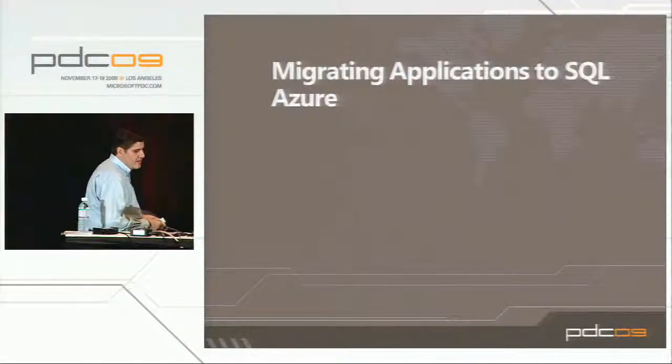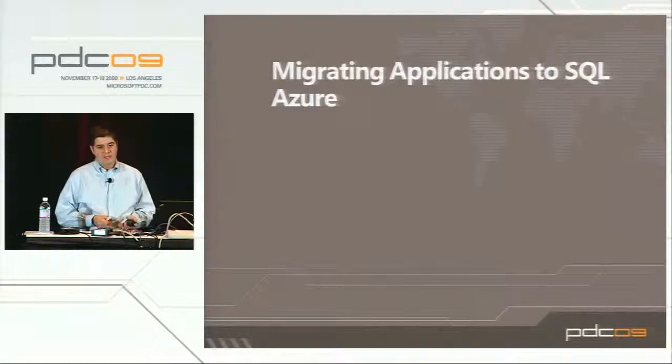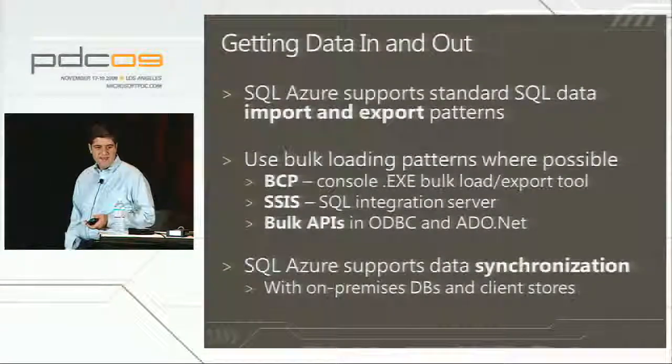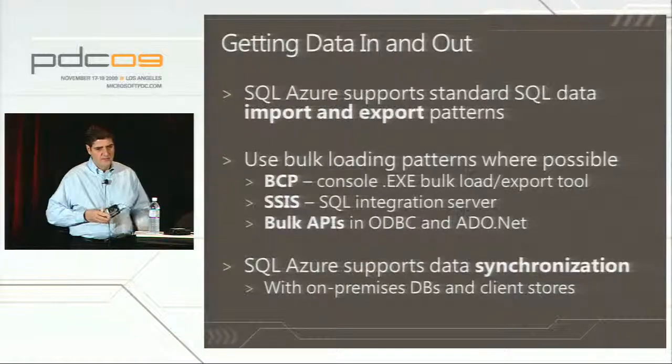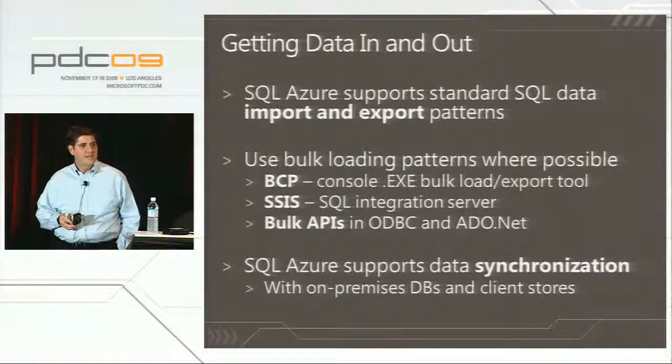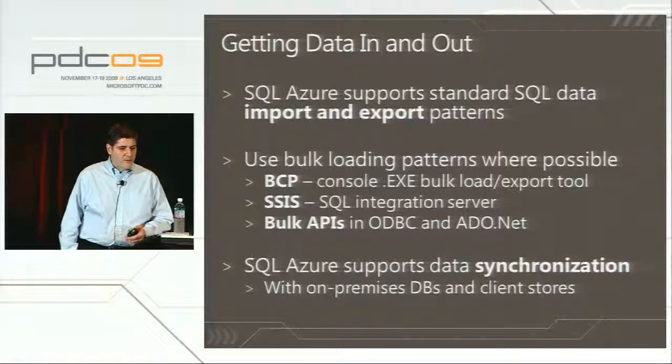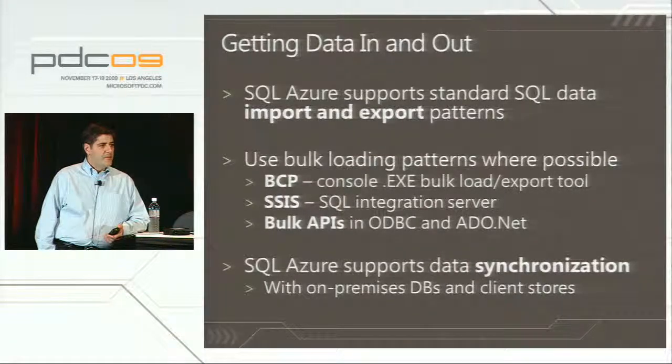So talking about migrating applications to SQL Azure, getting data in and out is always an interesting challenge. So we've enabled the bulk copy APIs. So you can always use the bulk copy APIs through ADO.NET. The BCP command works.